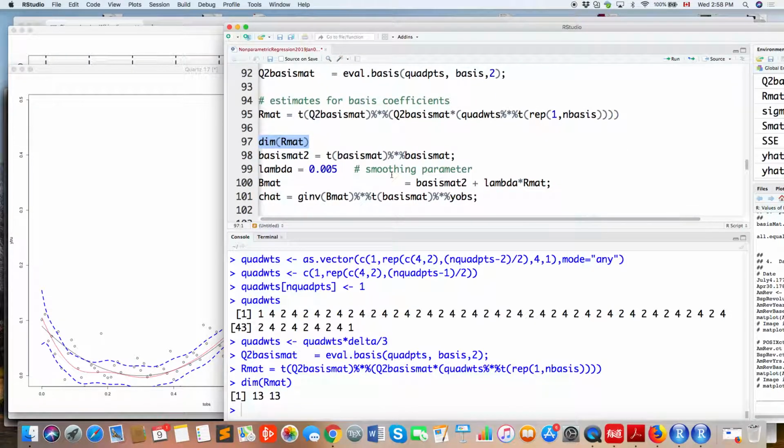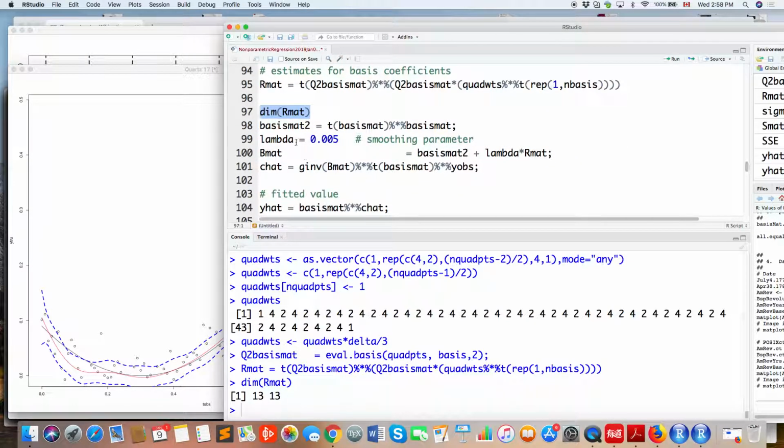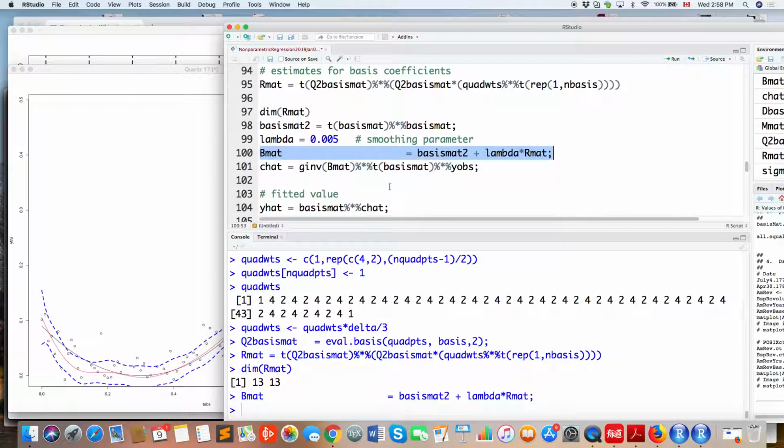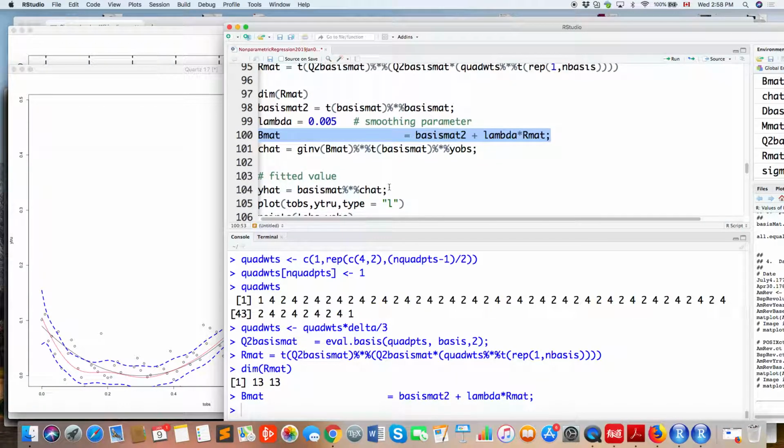Now we can give a value for the smoothing parameter, and then define the B matrix equal to phi transpose times phi plus lambda times R. That's the part inside the bracket in our formula.